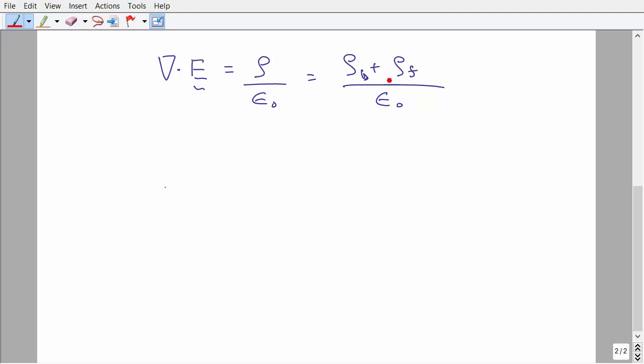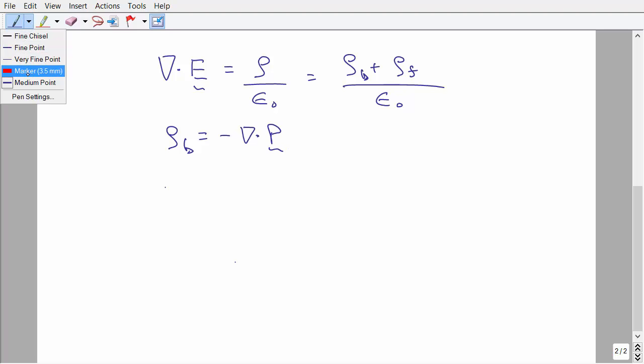But we separate it out in this way, and then we rewrite the bound charge as the negative divergence of P. Okay, so if we were now to substitute this equation into here, we could rewrite our divergence equation in the following way.